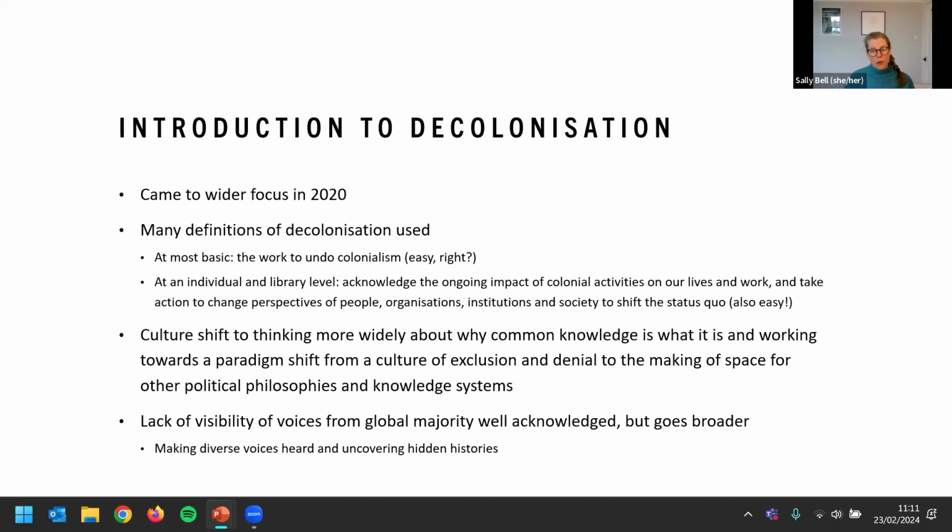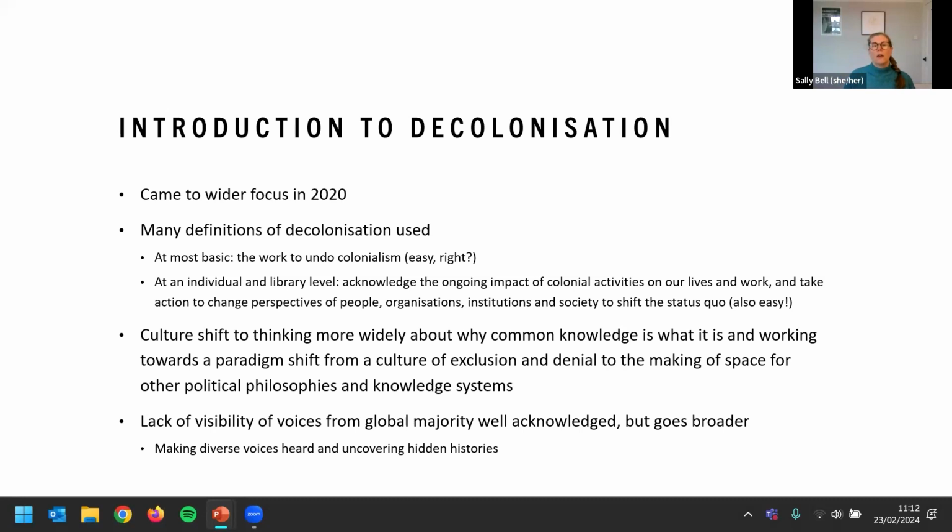Now, that also sounds quite big, but actually, if you're thinking about shifting common knowledge, it's about analysis, it's about questioning, it's about wanting to know why things are the way they are, and if they should be the way they are. And that is a much easier thing to apply to your day-to-day life, both at work and in the broader sense.